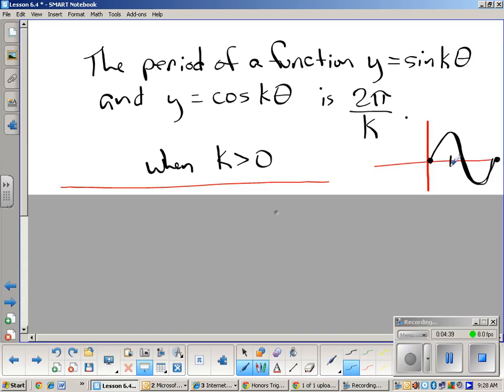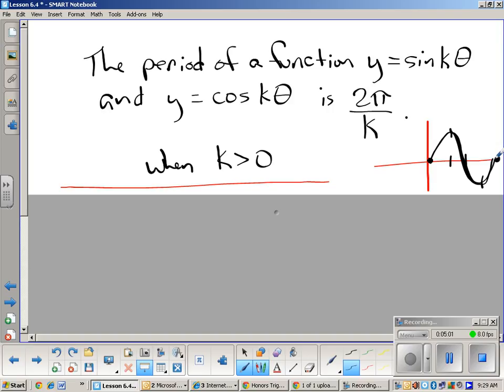At pi over 2, at 90 degrees, the value of sine is 1. At 180, it's back to 0. At 270, or I should say 3 pi over 2, it's going to be -1. And at 2 pi, it's going to be 0 again, ready to start that cycle all over again.